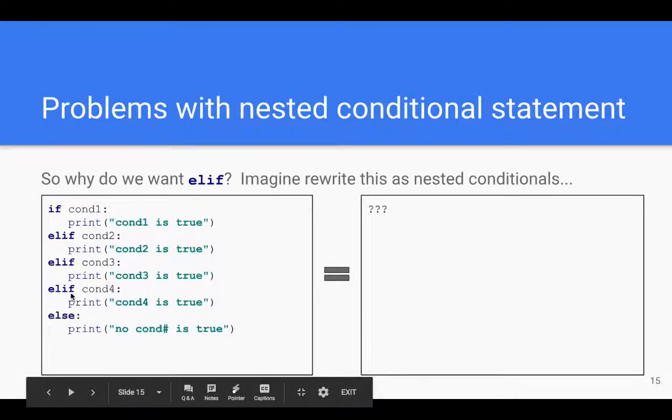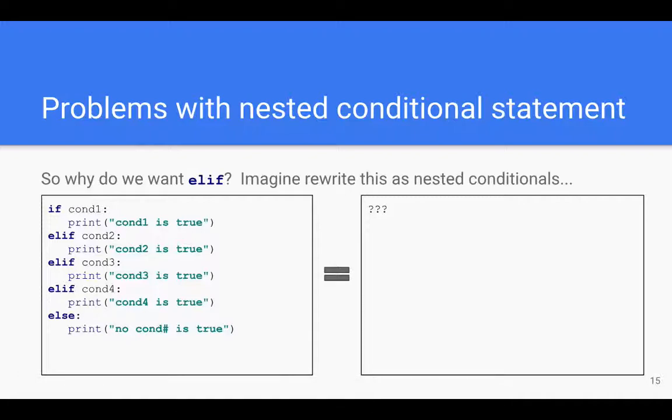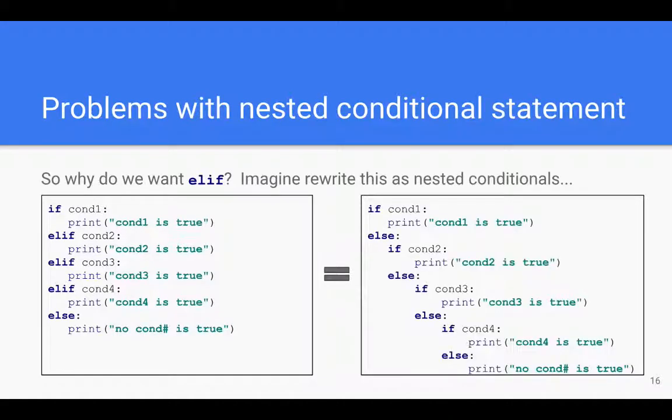So get rid of elif completely and use only nested conditional statements. How would you do that? So assuming you thought this through, you probably came up with something like that.